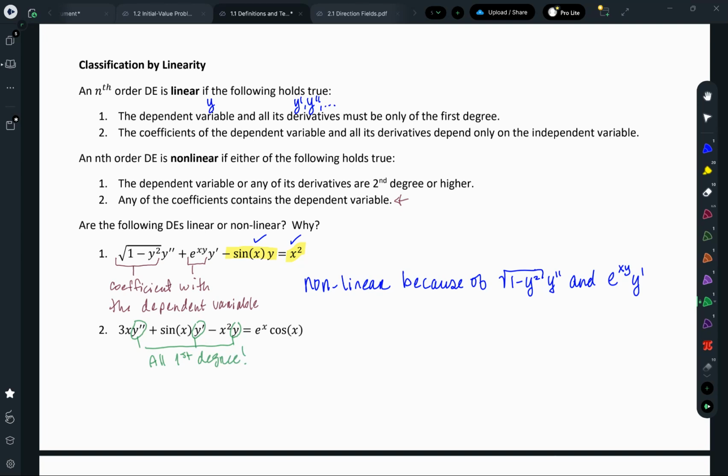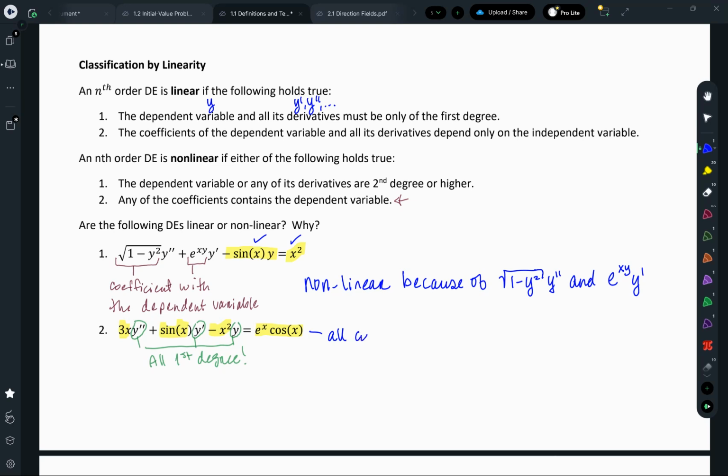The second criteria has to do with the coefficients in front of each one of them. And so I look closely at those. I've got the 3x, I have sine of x, I have minus x squared. And on the right-hand side of the equal sign, I have e to the x cosine of x. All of those are functions of x.